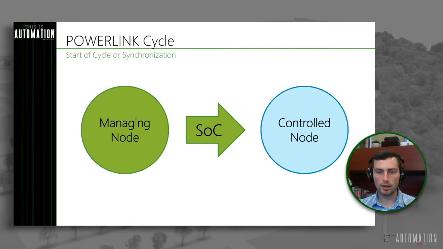So maybe the best place to start is an introduction to the Powerlink cycle. Powerlink has cycles, and there are different phases of those, different steps that we go through basically at a regular interval. There are two parts to that, which we'll talk about in more detail. The first part is called the isochronous phase.